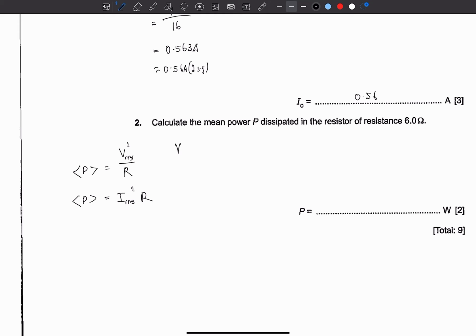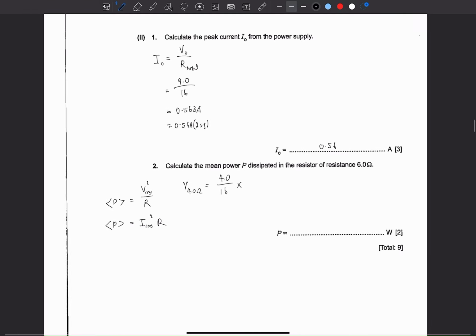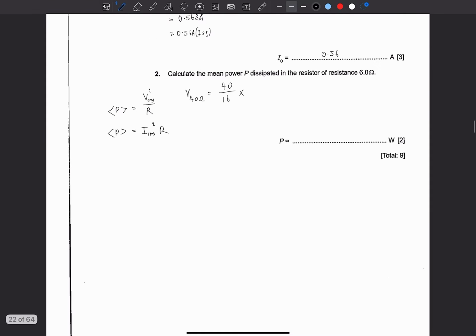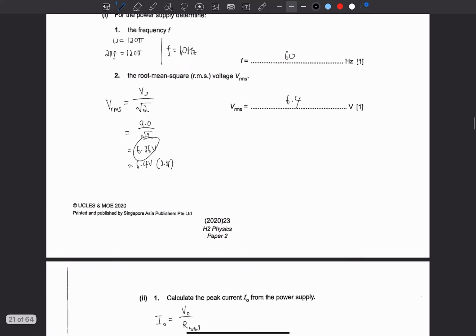The potential difference across the 4.0 ohm effective resistance is 4.0 over 16 multiplied by 6.36 here, which we will get 1.59 volts.